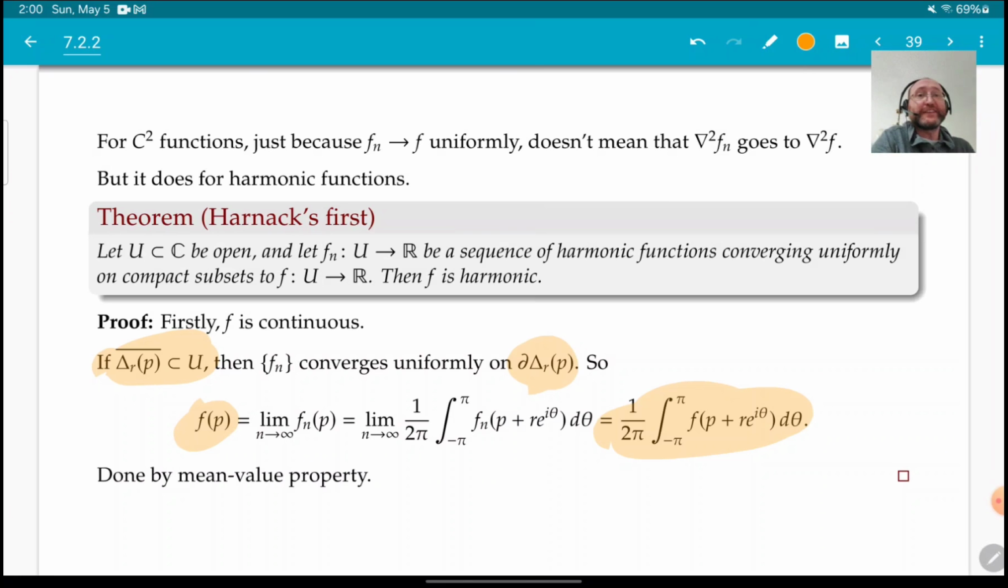So that's a very neat application of this, something that wouldn't be immediately obvious if you were just looking at the PDE version of the definition, that it's the functions where the Laplacian is 0. That would be hard to prove.